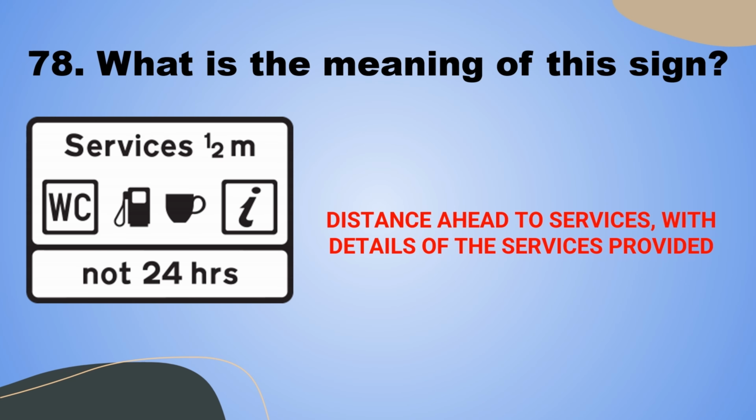It says not 24 hours, so this is not available 24 hours. It's possible that the restaurant is not open 24 hours or the petrol station is not open 24 hours, unlike in other places where there are services.